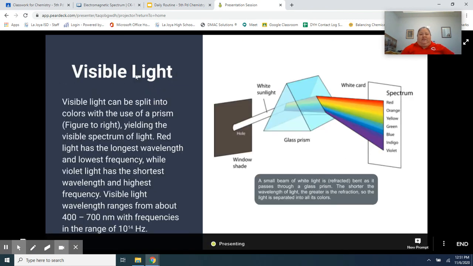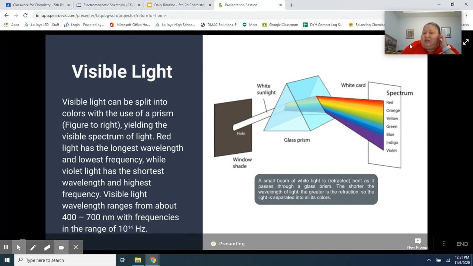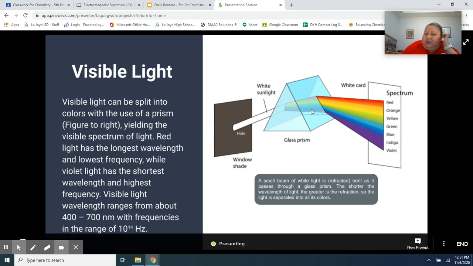So here you have your visible light. Anytime you step out into the sunlight, if you're using a glass prism, you can spread out the light and see that visible light spectrum, right? You can get light, shine it on a glass prism, a glass triangle like you see here.